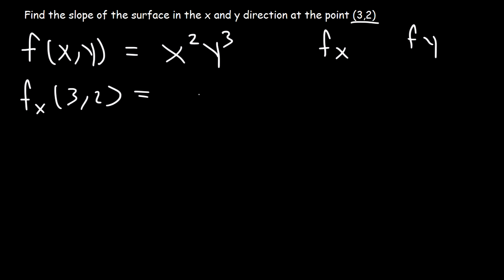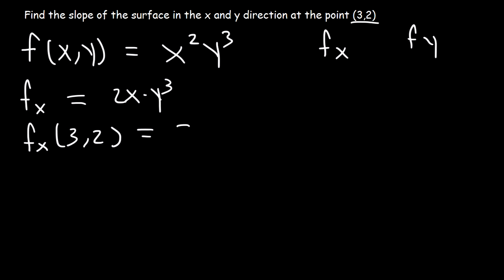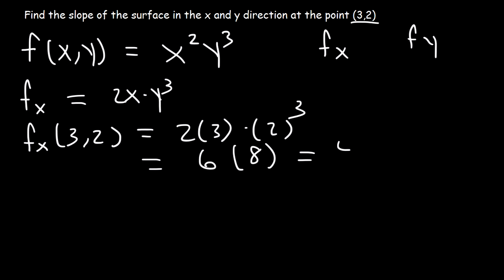So first we got to find fx. Fx is going to be the derivative of x squared, which is 2x, times the constant y cubed. So fx of 3, 2 is going to be 2 times 3 times 2 to the third power. 2 times 3 is 6, 2 to the third power is 8, and 6 times 8 is 48. Now let's find fy. That's going to be x squared times 3y squared.